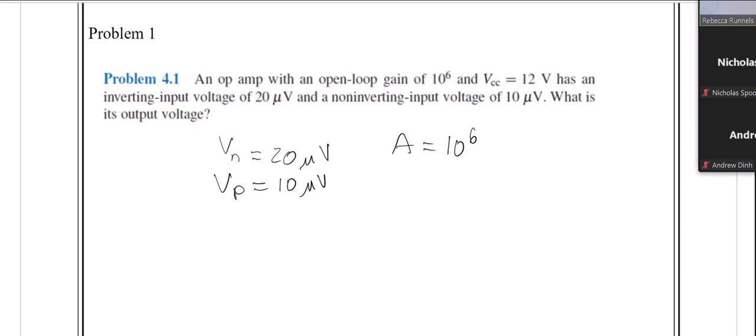So given this information, we know it's non-ideal, because if it were ideal, we wouldn't be given this open loop gain.